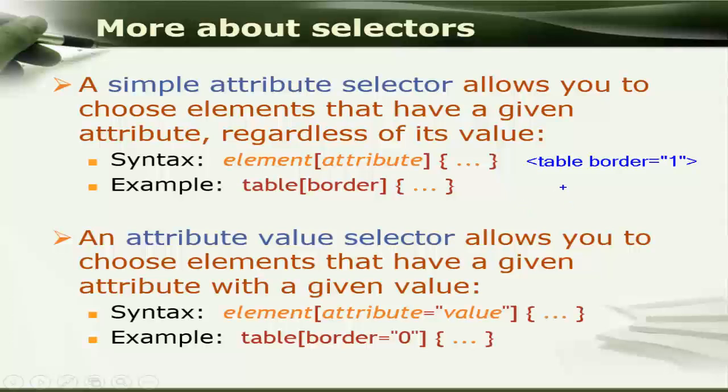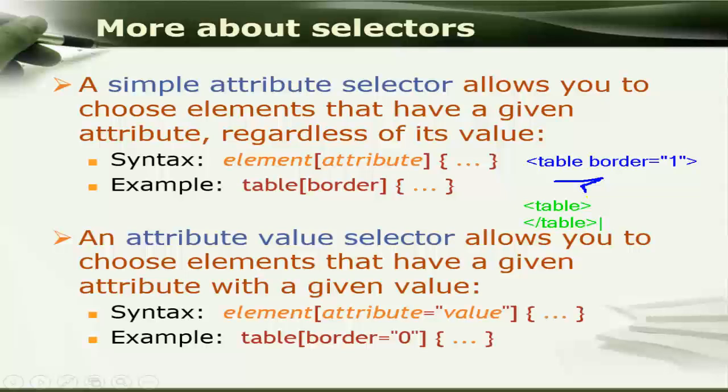Now, you may have one table like this, and again you may have one more table that does not make use of the border. In the morning session, I used this table, and I never specified an attribute called border.